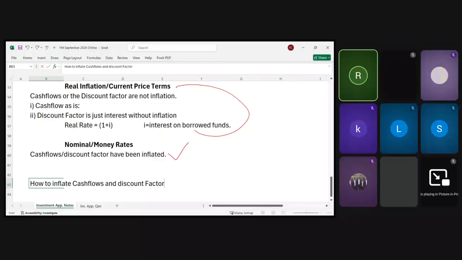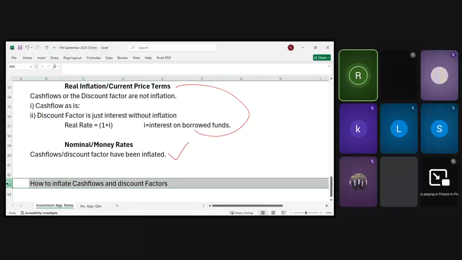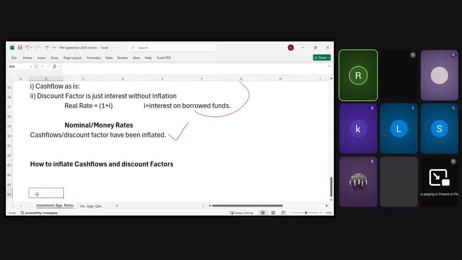In other words, we are converting our cash flows and discount factors from real to nominal, from real terms to nominal terms.